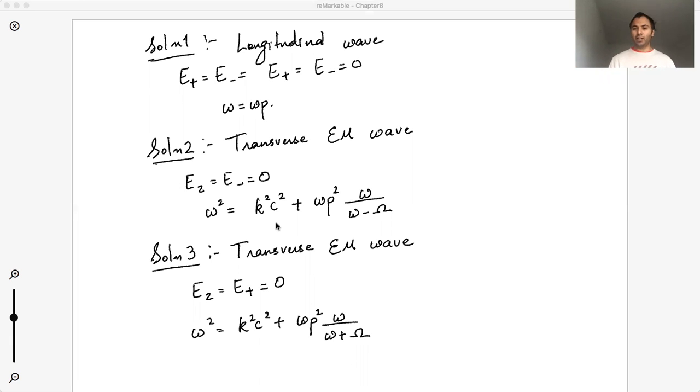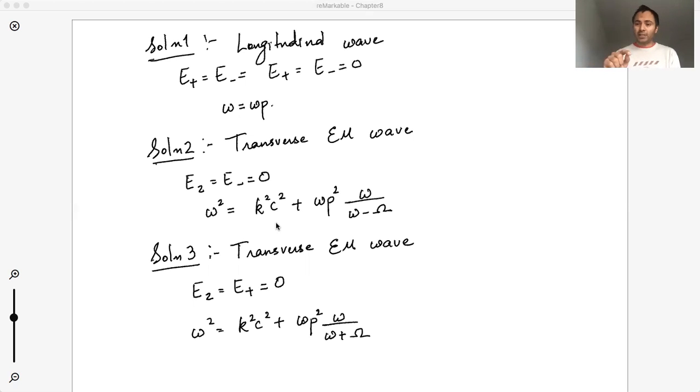We're not going to go into that, but just know that the two-handedness, that left and right circularly polarized waves have different dispersion relationships. And the reason for that is that the electrons have a sense of rotation when they perform cyclotron motion. So if you have a magnetic field directed along the z-axis, when the electrons perform cyclotron motion, they go in a certain sense, right?